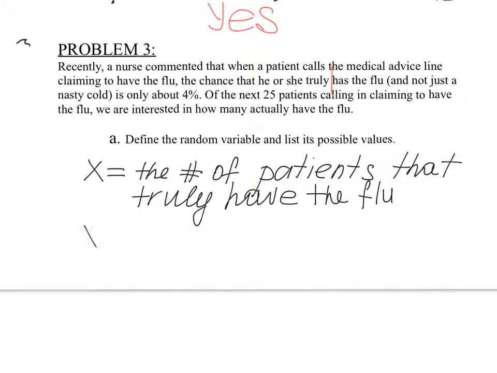Okay, so now let's list all possible values of x. So 25 patients called, so we may have the situation when none of them really has the flu, or 1, or 2, or all the way to 25.